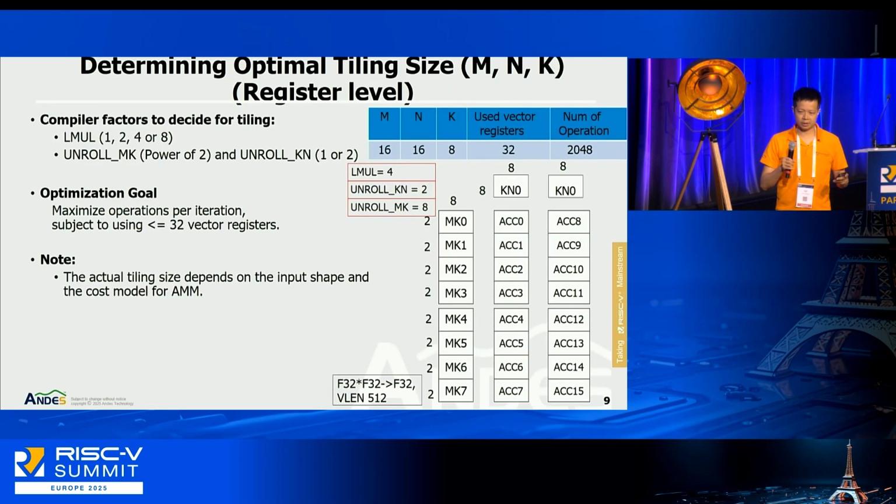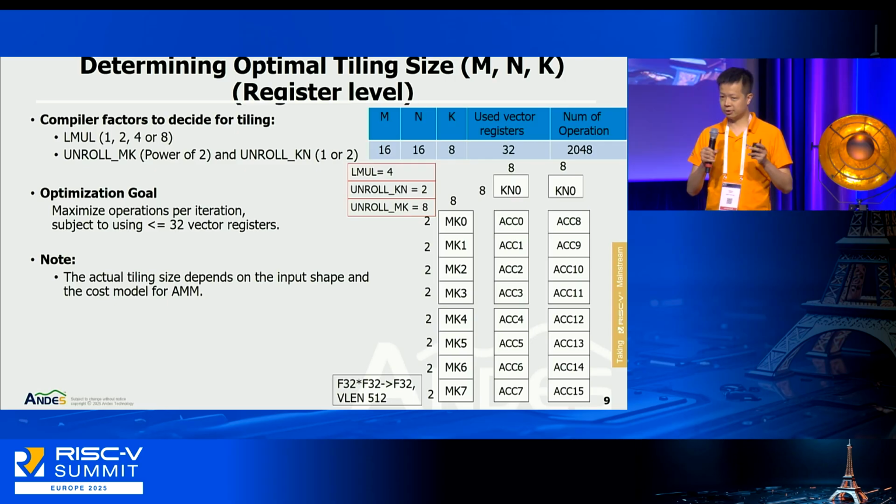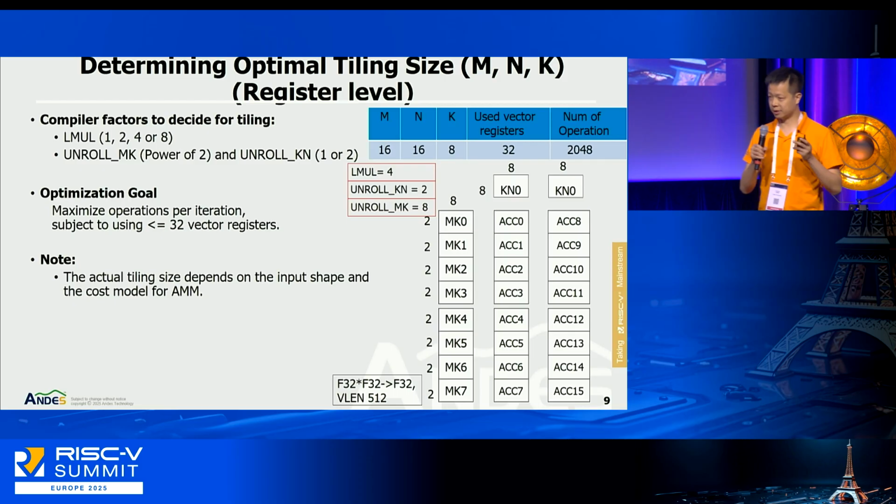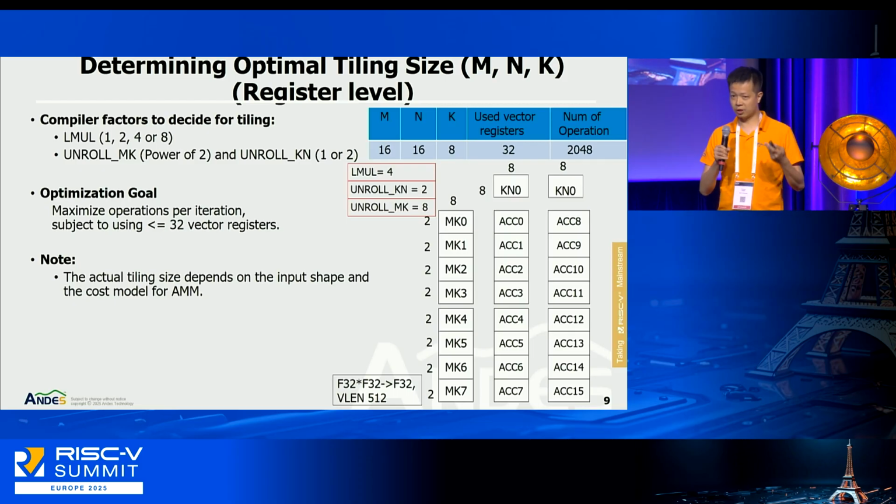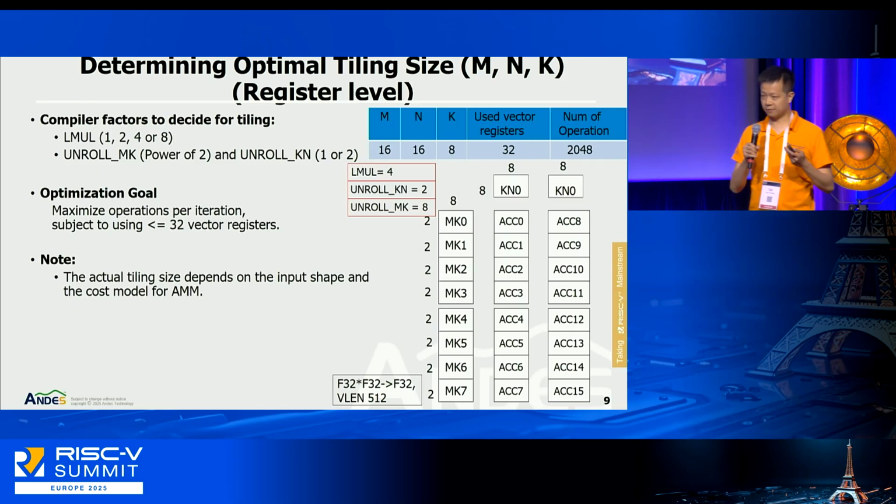To determine the best tile size at the register level for AMM, the compiler needs to decide on the LMUL values, which limits the number of vector registers available, and the unrolling vectors of the tiles.